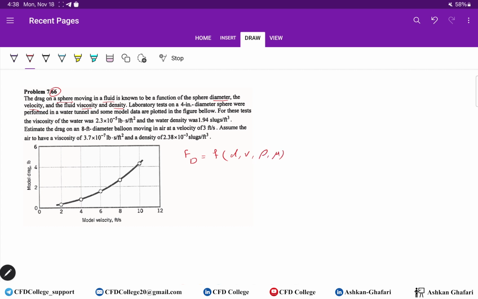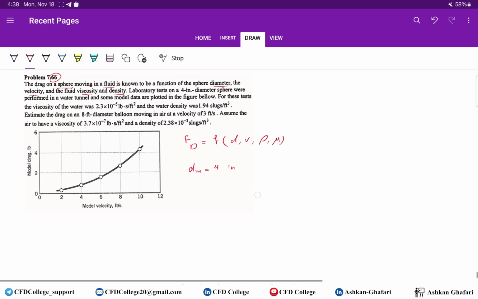Okay, laboratory tests on a 4-inch diameter sphere, so dm equals 4 inches, were performed in a water tunnel, and some model data are plotted in the figure below here.